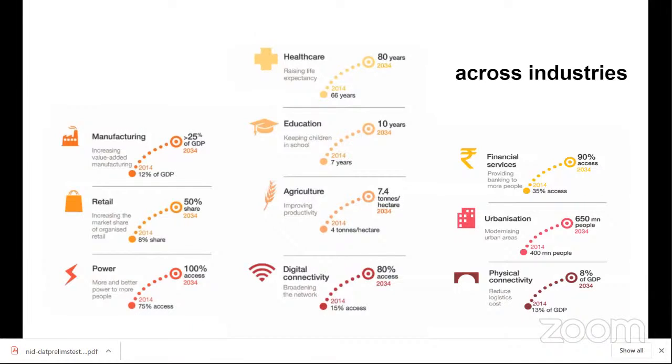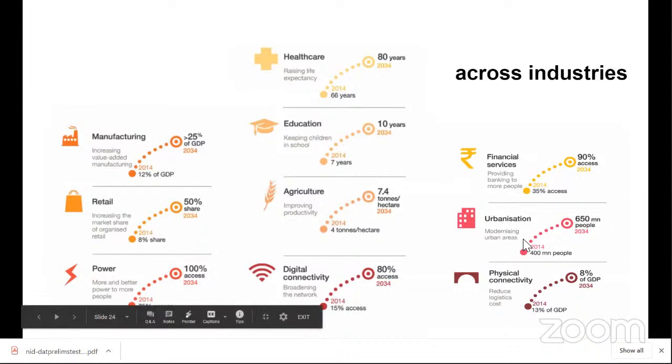So now you have enough fodder to think about what kind of problems you can solve, and you can come up with many ideas. For example, if it is UX UI, or interaction design, you may get a problem related to education, or agriculture, or retail, or power, or urbanization.